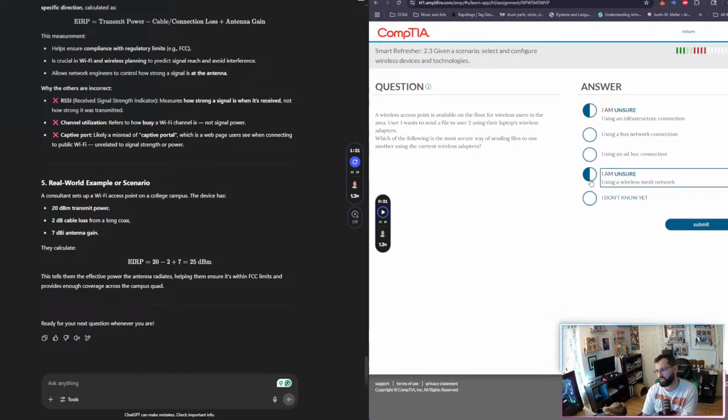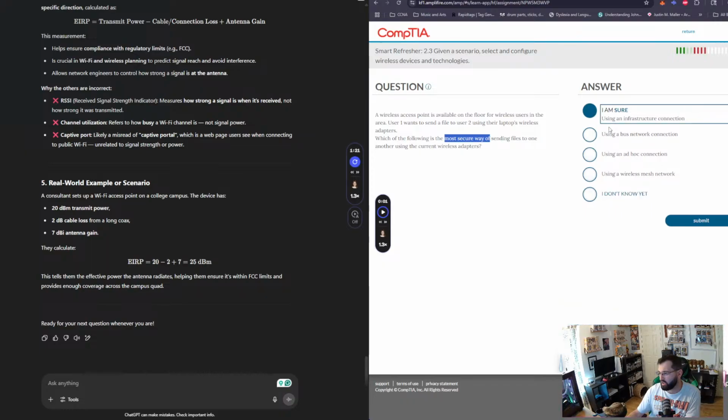Using the infrastructure connection, using the wireless mesh network. This would be the fastest, but it's not talking about the fastest or the best. It's talking about what is the most secure. And since it's talking about security, I'm going to go with the infrastructure connection. I think that's wrong. I think it's mesh.